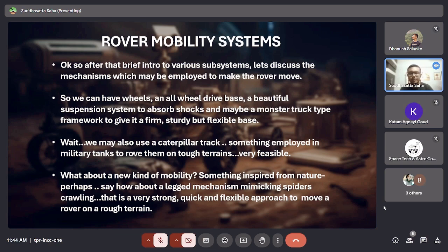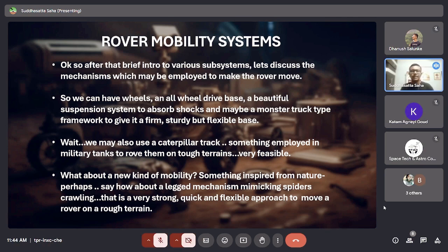Then we have this other option for going through these uncharted terrains. You can employ something which is inspired from how caterpillars move. So caterpillar tracks or conveyor belt mobility systems. Basically a belt which is moving over moving discs, and it is deployed in tanks, because tanks also explore surfaces which are very similar to rover-like surfaces.